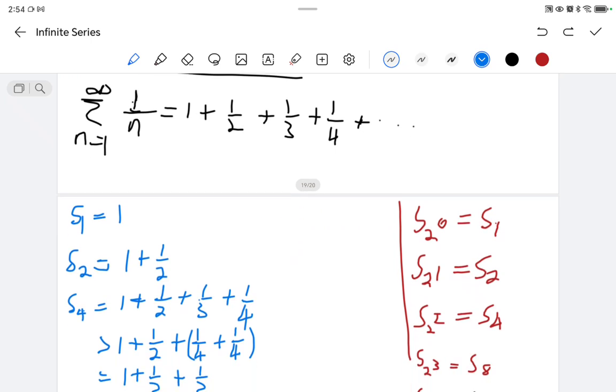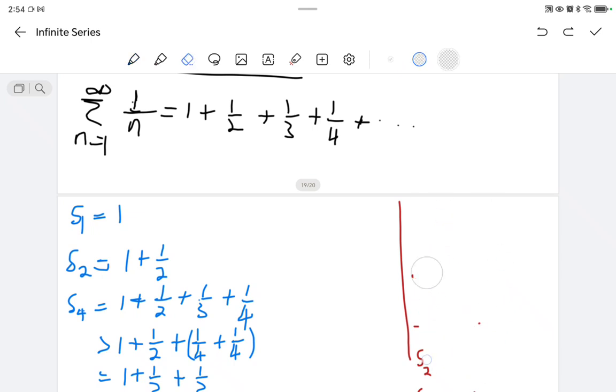Now if I'm going to take these partial sums, I'm going to be focusing on base 2. Remember I said that these are sequences Sn, these are going to be my partial sums.